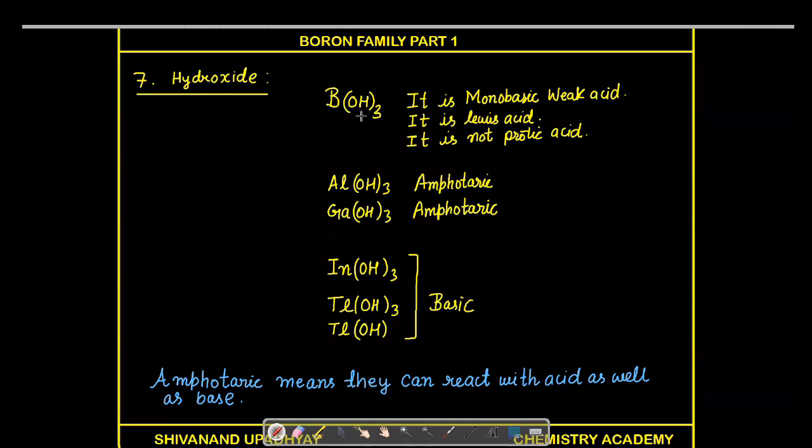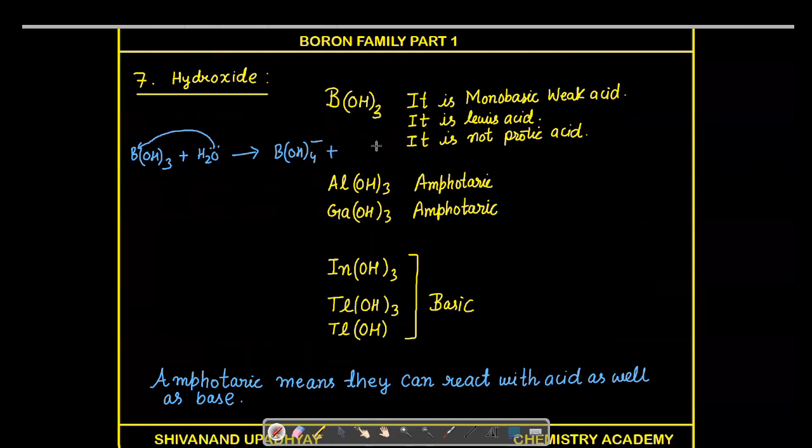When we discuss boric acid, it is a monobasic weak acid. When boric acid is added to water, it is a Lewis acid. It is electron deficient, so it will accept a lone pair from the water molecule in its vacant p orbital, and there is formation of [B(OH)4]-. Because the water molecule is giving one OH-, what is left in water is H+.